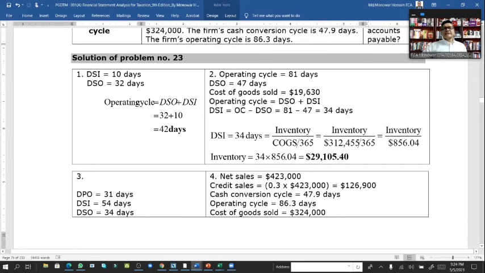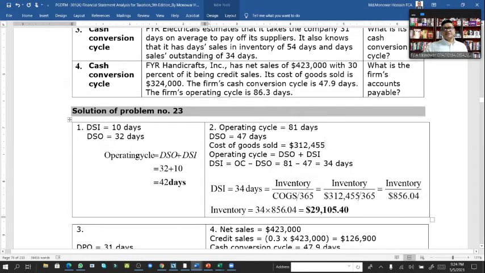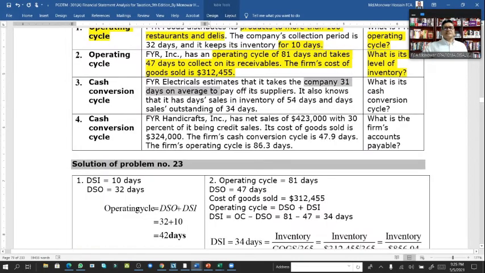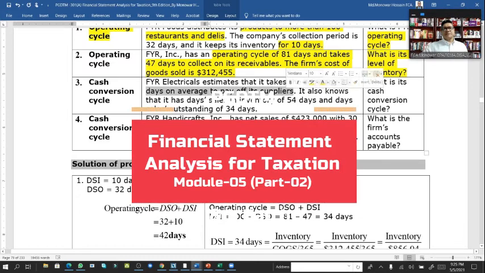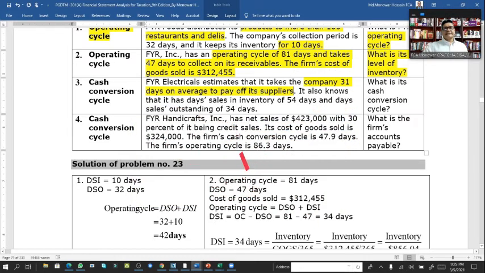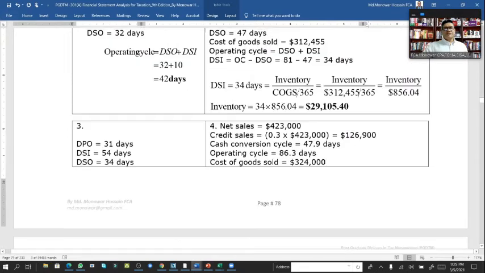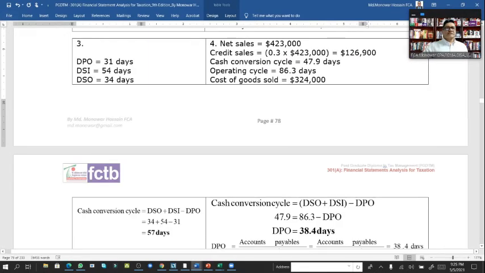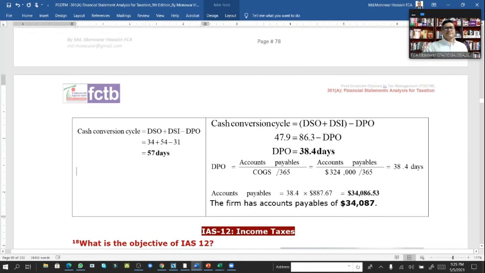So here cycle 81 days, days sales outstanding 47 days, cost of goods sold, inventory comes here 29,105. Company takes 31 days on average to pay its supplier. It's also known that the days sales of inventory 54 days, outstanding 34 days. What is the cash conversion cycle? So if we do this cash conversion cycle, then we'll get 57 days.